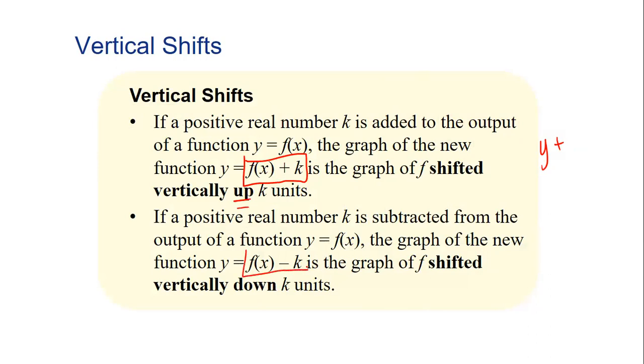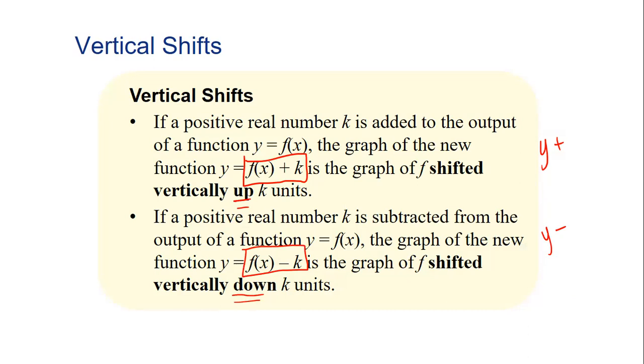F of x minus K is going to cause us to go down, which means that mathematically we have our Y's and we're subtracting. When we're referring to the Y's, we're referring to the Y's of our parent function. Okay, so that's vertical shift.